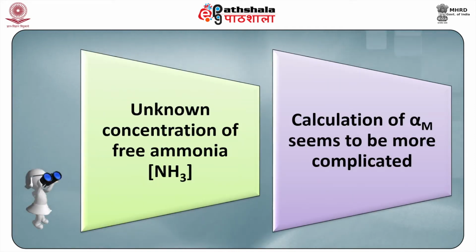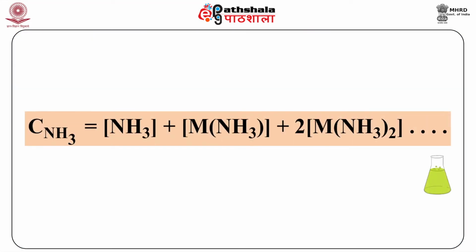However, due to the unknown concentration of free ammonia, the calculation of alpha M seems to be more complicated, as only its analytical concentration is known, which is generally given by this expression: concentration of ammonia CNH3 is equal to concentration of ammonia plus the concentration of metal ammonia complex plus twice of M(NH3)2 plus so on.